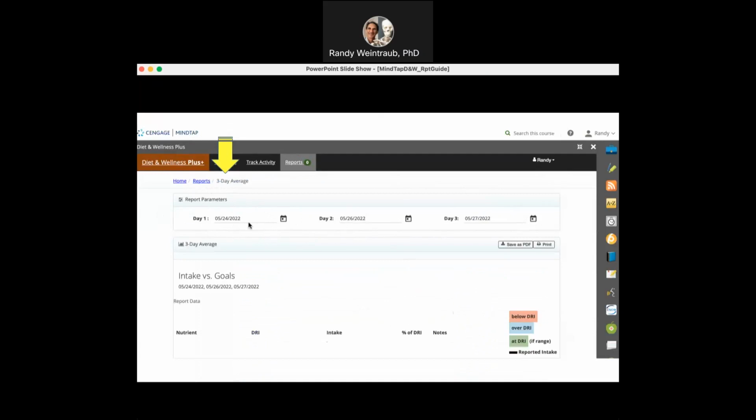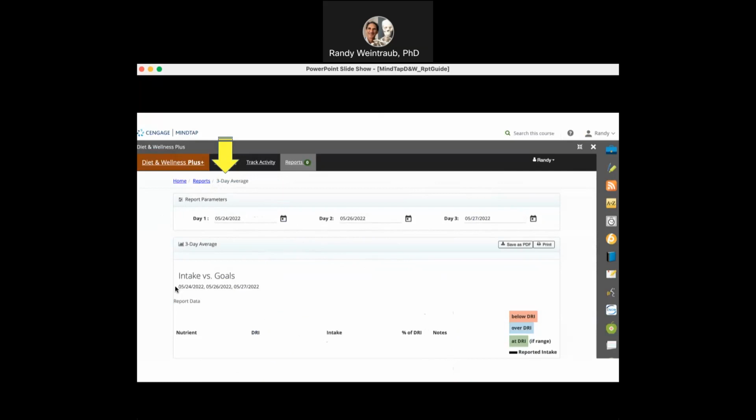So now when you put that in, the app runs a report, a very informative, very long report, and makes sense of our diet and wellness for those 3 days. And hopefully they're typical days to give some good data.